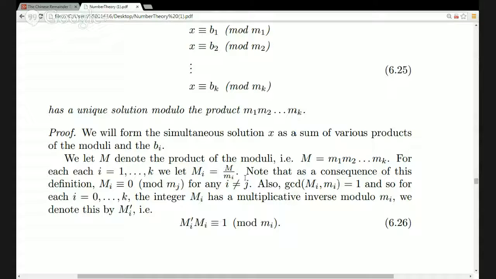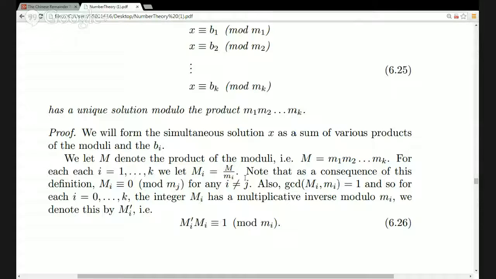Also, the GCD of capital M2 and little m2, so the GCD of 21 with 5, is also 1. That's also co-prime. That's a consequence of the fact that the little m's are all pairwise co-prime to each other.